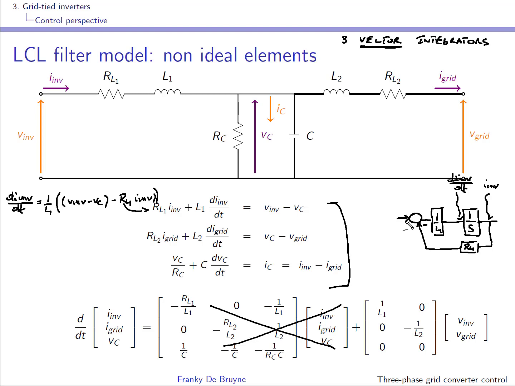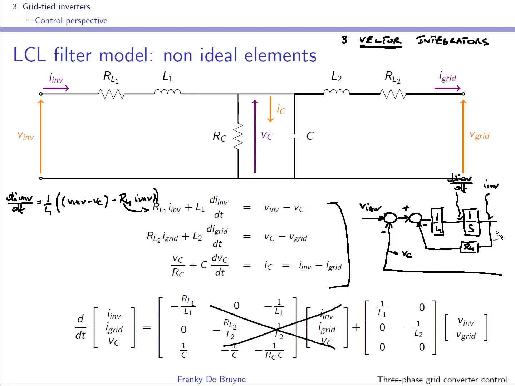So what I've constructed is this part of the differential equation, and then I will have another summator over here. Here you will have the input, the V inf, and here you will have minus Vc, which will come from another part of the system.